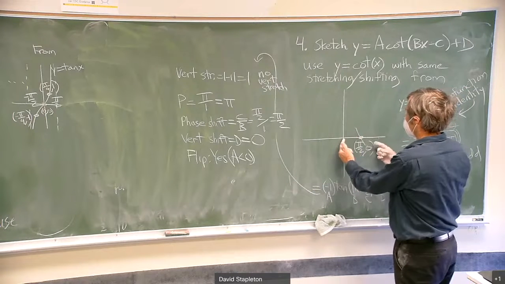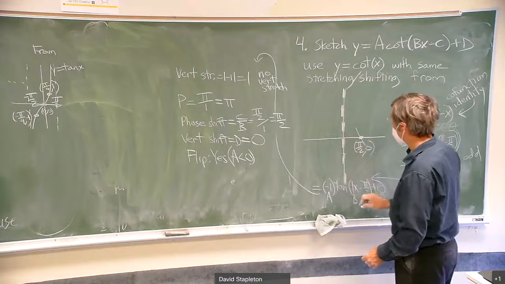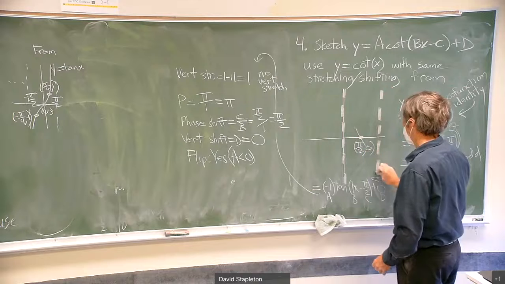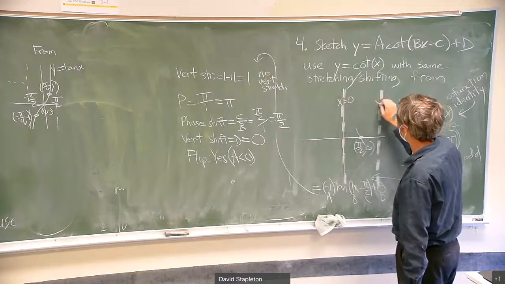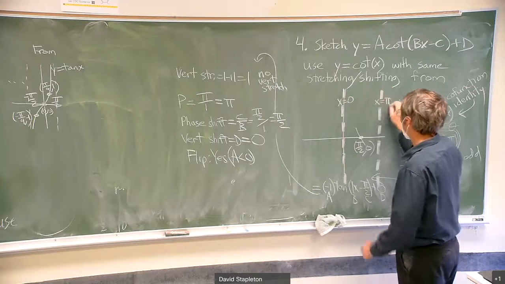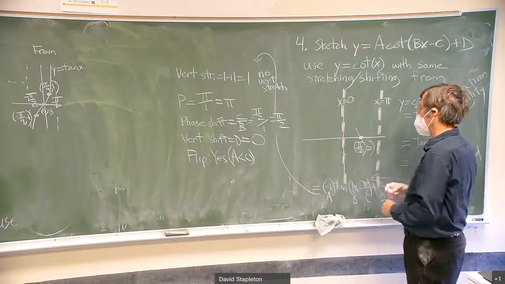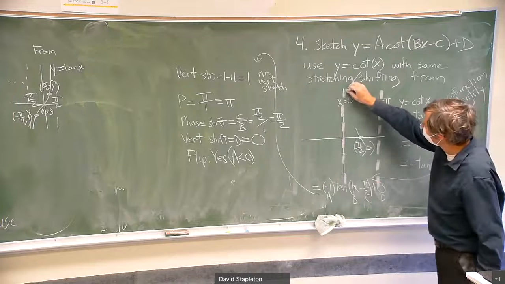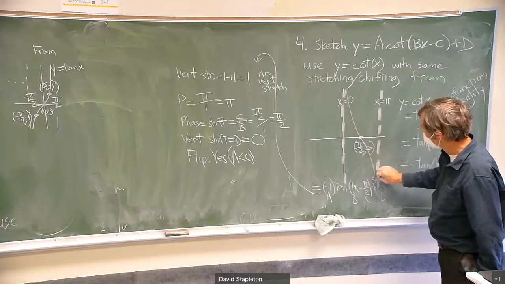Then I'll go half a period each side, so the period is pi, I'll go pi over 2 to the right and left. And now this must be the asymptote x equals 0, and this must be the asymptote x equals pi. Right? Pi is the period, I go half pi each side and draw an asymptote. Now I know exactly how to draw it. I just draw it towards the asymptotes, each side.